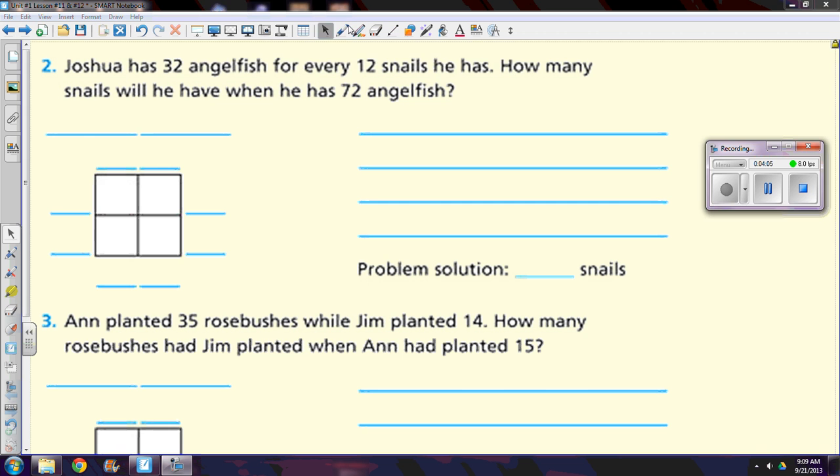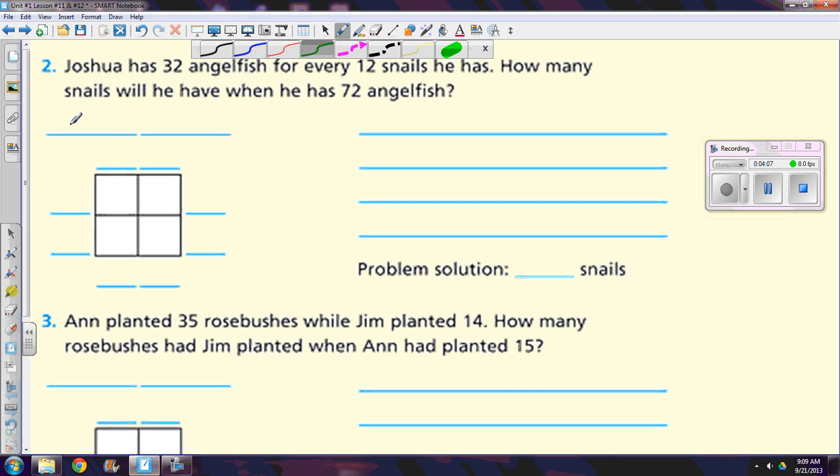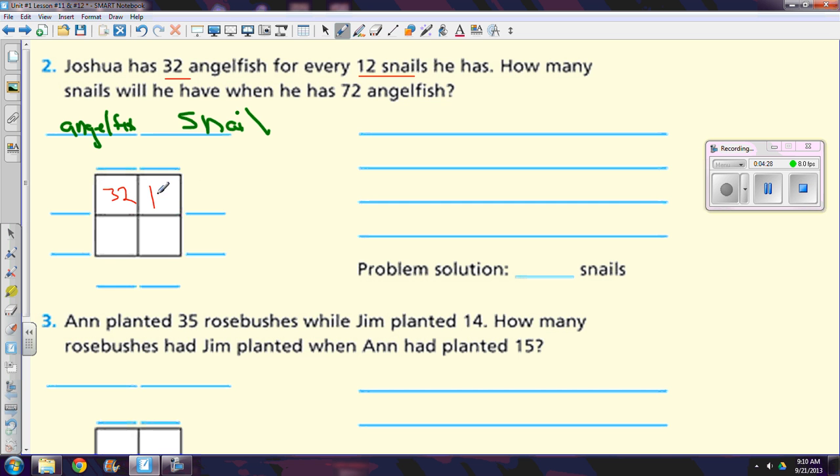So on the line above, you have your angelfish, and you have snails. 32 to 12. Okay? And then it says, how many snails will he have when he has 72 angelfish? So now he has 72 angelfish.